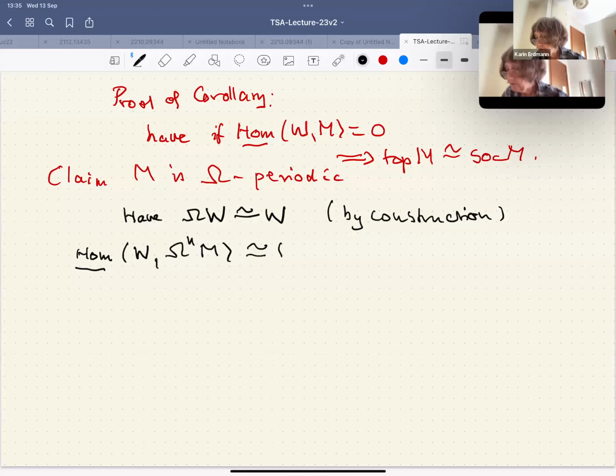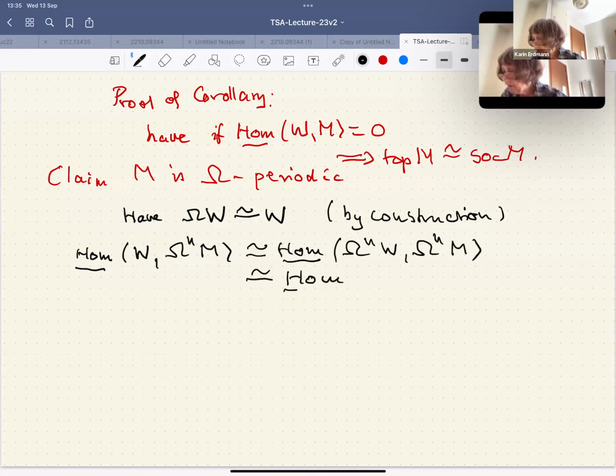So this is isomorphic to the stable Hom from W to omega^n W, and this is isomorphic to the stable Hom from W to M, which is a property of stable homomorphisms: omega is an equivalence of the stable category. Right. And this is true for all n in Z.